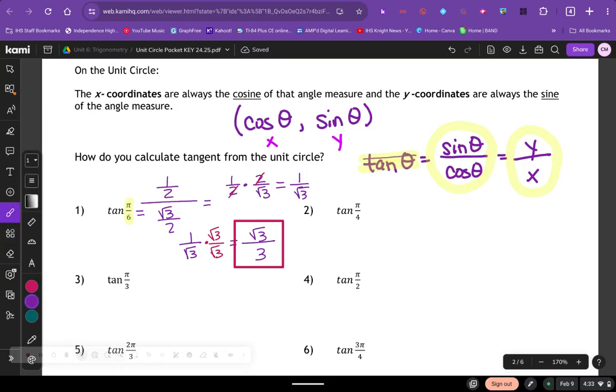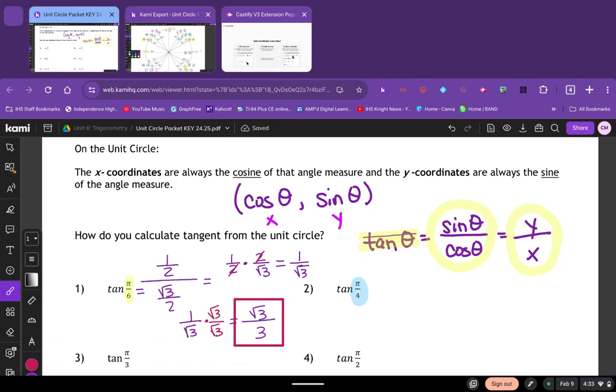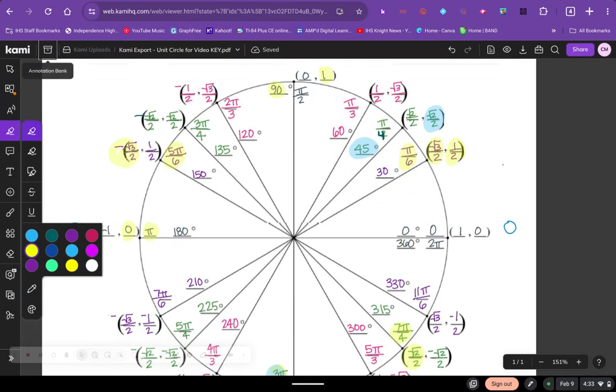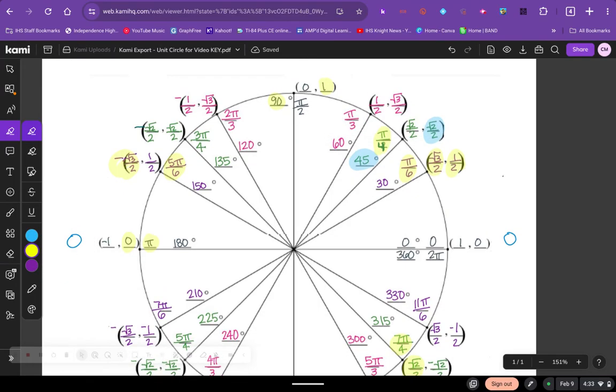Okay, let's do the same thing for number 2. This time we want to find the tangent of pi over 4. So go to the unit circle, find pi over 4. Here we are at pi over 4, and we need the sine divided by the cosine. So at pi over 4, I've got the same value as my sine and my cosine.